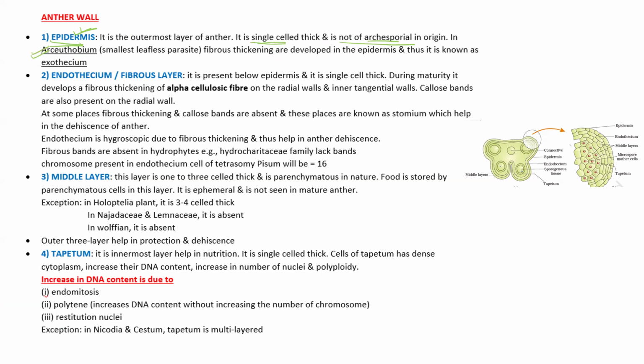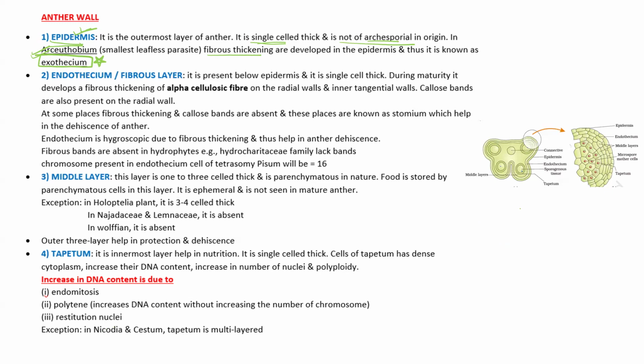In Arceuthobium, it will develop fibrous thickening, and that is why its epidermis is also known as exothecium. So please learn this exception. Don't confuse it with endothecium, which is the second layer. In Arceuthobium the epidermis develops fibrous thickening to form exothecium.